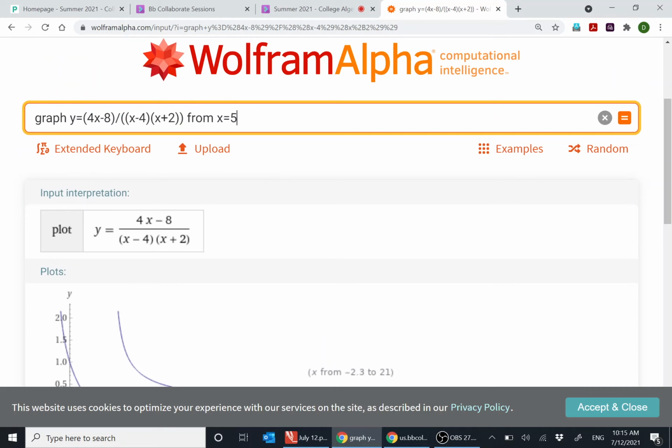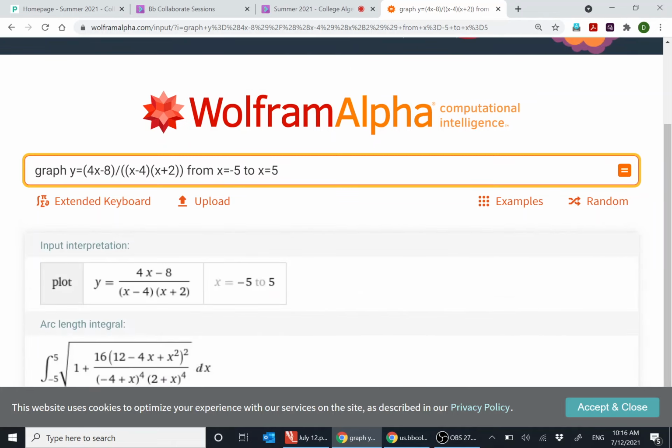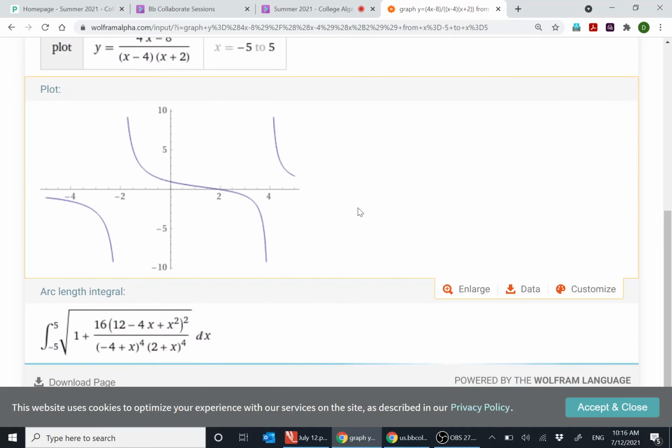So you can, from x equals negative 5 to x equals 5, specify a tighter domain on the x-axis, and there you go. There's a nice picture of it. So where's that inflection point? It appears to be at the x-intercept, where the curvature changes from curved up to curved down.